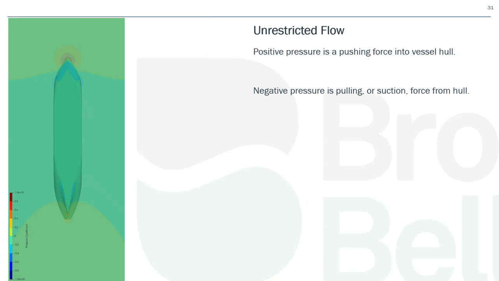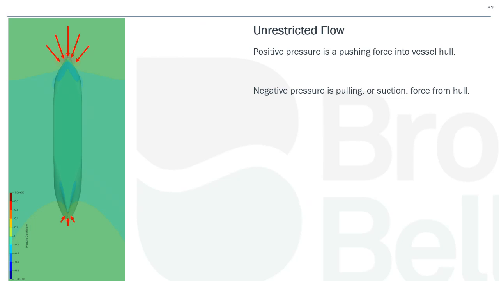So if we look at it from the bottom, you have a high pressure region at the bow because you slowed down velocities. As your flow increases speed around the sides, it has a negative pulling or sucking force in the sides. And then towards the aft, we have a positive pressure pushing on the aft again slightly. And as you will understand, pressure is linked to force.